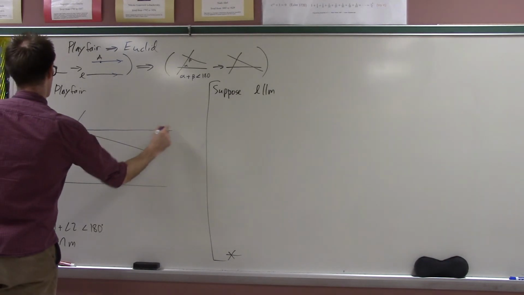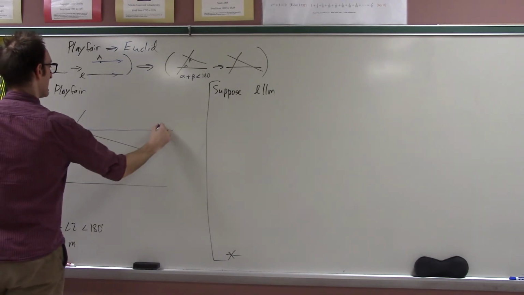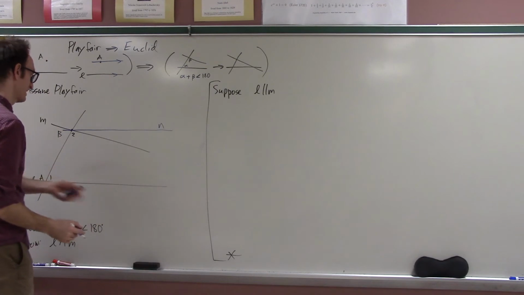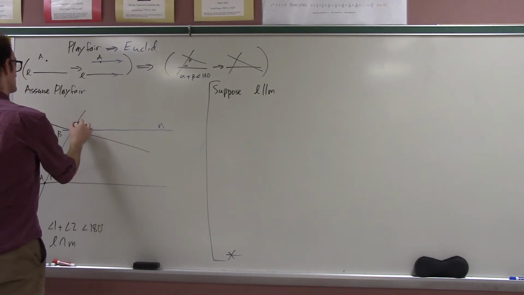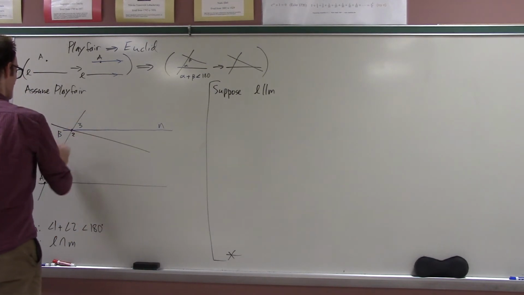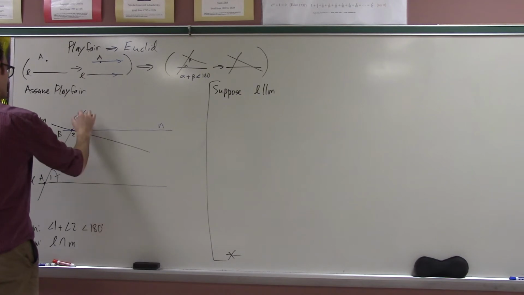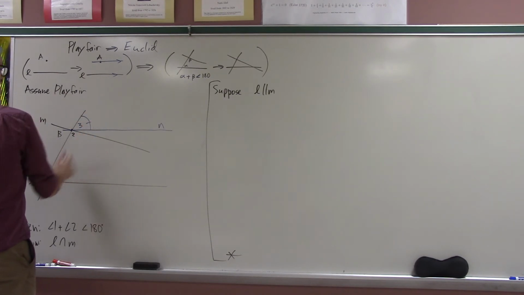And so I'm going to draw this new line, calling it N, suspiciously parallel to L, and I'm going to do it in such a way that I copied angle 1.